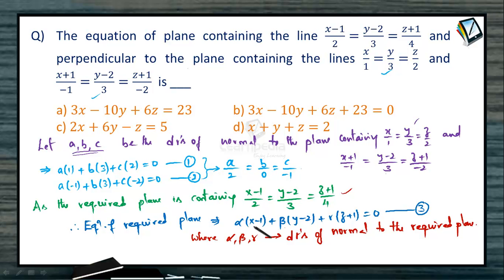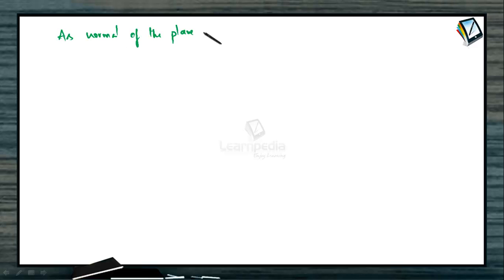That means the alpha, beta, gamma line must be perpendicular to the line having drs 2, 3 and 4, as the normal of the plane is perpendicular to the line (x minus 1)/2 equal to (y minus 2)/3 equal to (z plus 1)/4. When is this possible? Alpha into 2 plus beta into 3 plus gamma into 4 should be equal to 0. Let's call this equation 1.